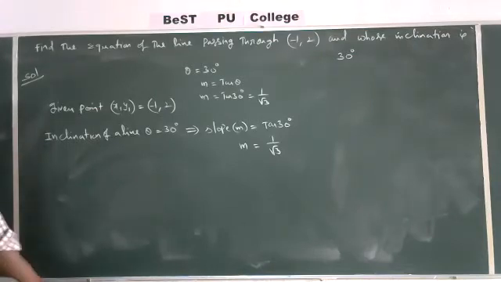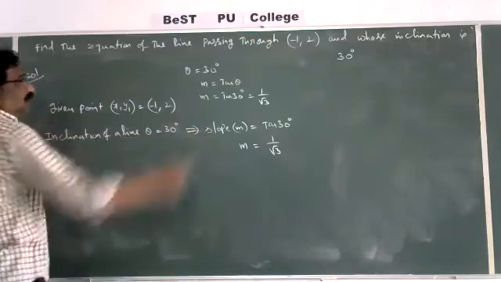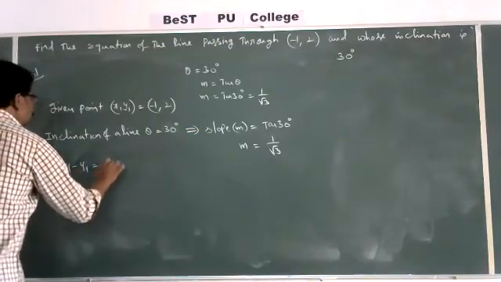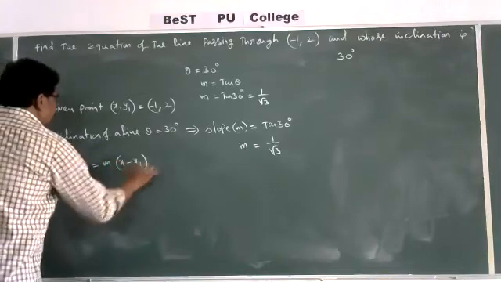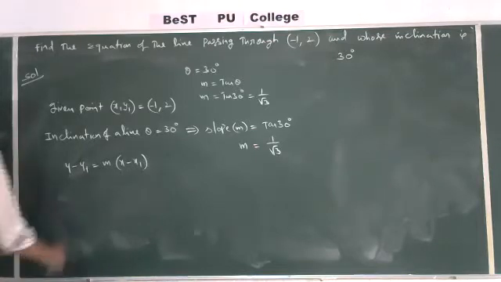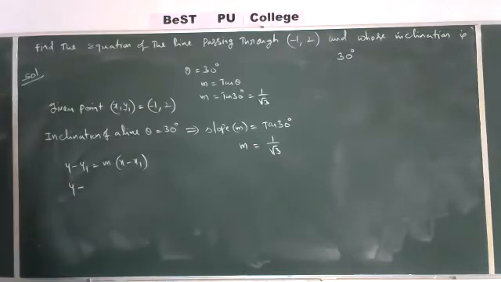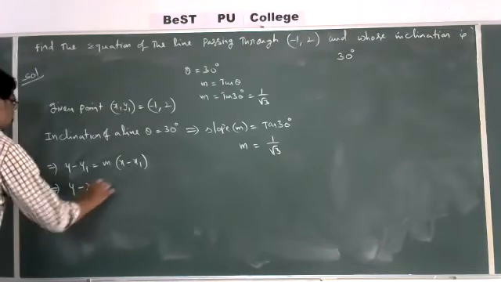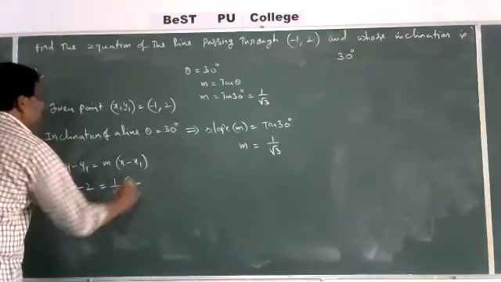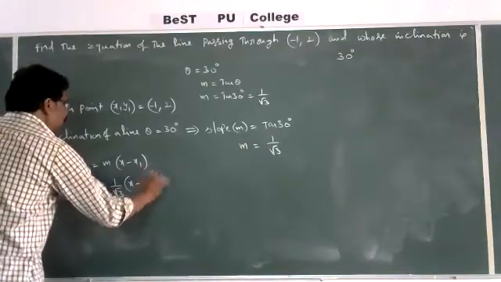Then apply the formula. You know the point, you know the slope. Y minus y1 is equal to m into (x minus x1). That is y minus y1, where y1 is 2, m is 1 by root 3, into x minus x1, which is -1.